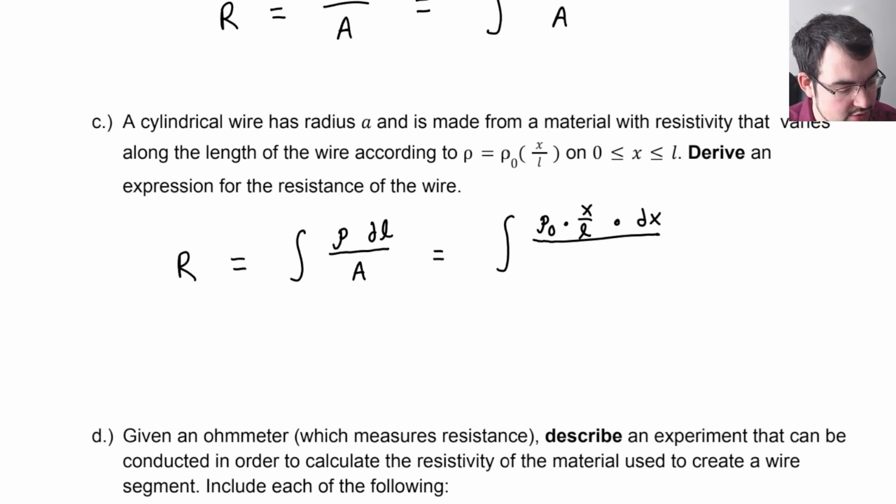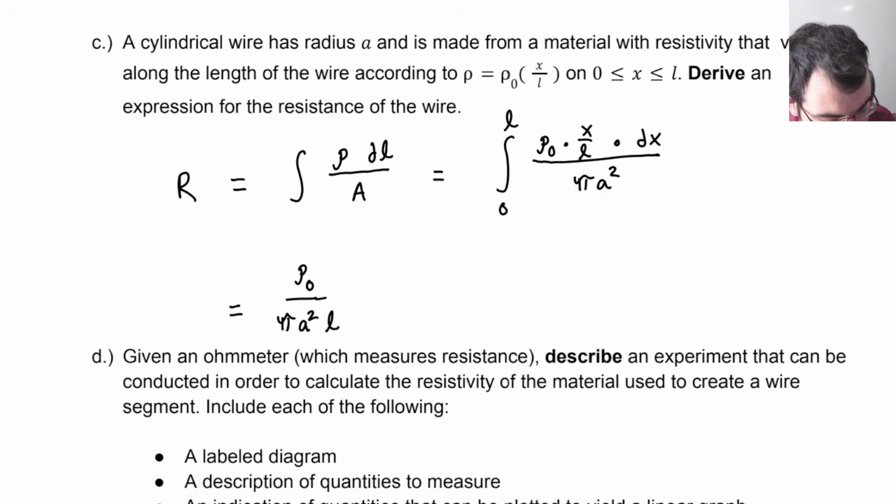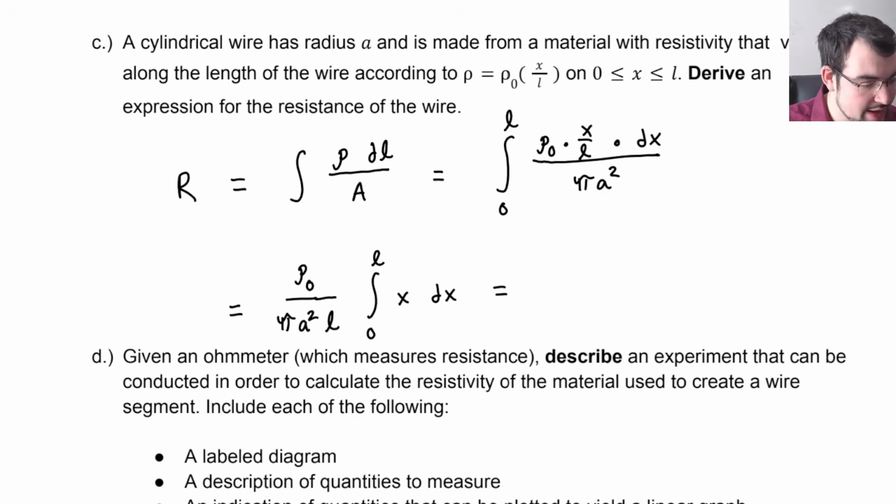Well, this is a cylindrical wire, so its cross-sectional area is pi r squared. And it says my bounds are 0 to L for the length here. So we can pull a bunch of stuff out. We would get rho 0 over pi a squared L comes out of the integral, and then we're just integrating x dx.